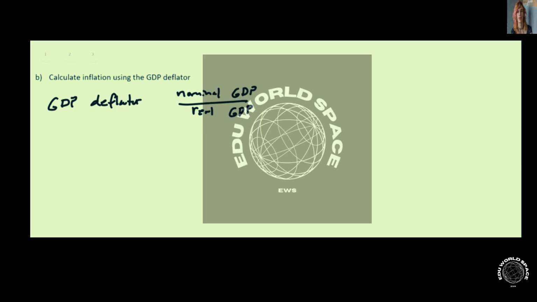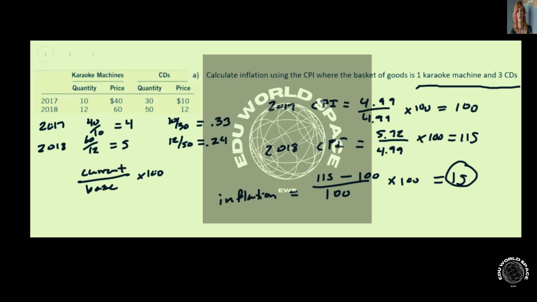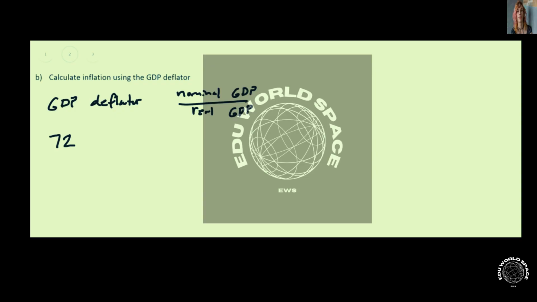So given our table, our nominal GDP is 72. That's $60 plus $12, the quantity times the current price plus the quantity times the current price. Real GDP is going to be 48 plus 16.5, which equals 64.5.